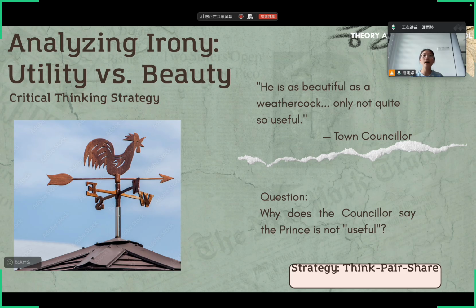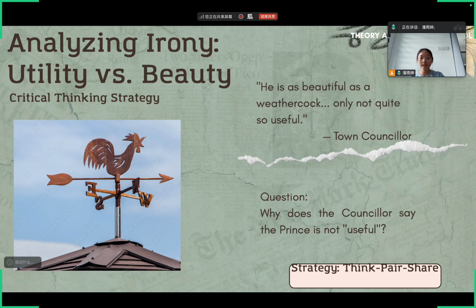This is a challenging concept. To help them unpack it, I would use a think, pair, share activity. I would ask them to discuss in pairs: why does the councillor say that the prince is not useful?